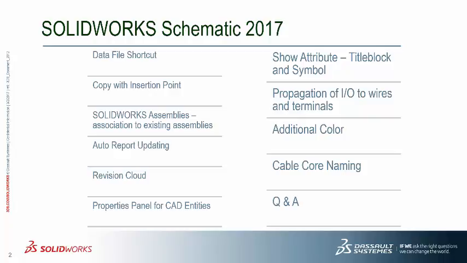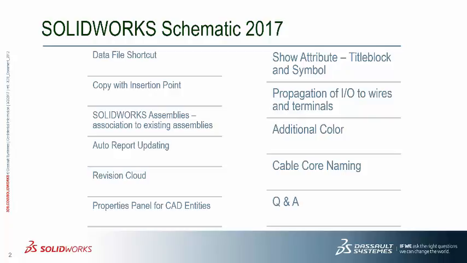Panel properties, some show attributes, propagation of I/O to the wires and terminals. That one is actually pretty huge, especially when you're doing PLCs or any type of frequency drives where you are trying to push data from your existing controls down onto the wires and the terminals. Before you were having to do everything manually.